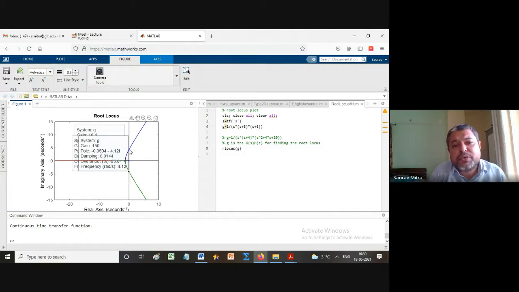That is whenever the root is on j omega axis, at that time frequency we know this is omega marginal. This was 4.24 radian per second. Overshoot will be 100%. We have the equation of percentage Mp: e raised to minus root under of 1 minus zeta square divided by zeta, something like that.